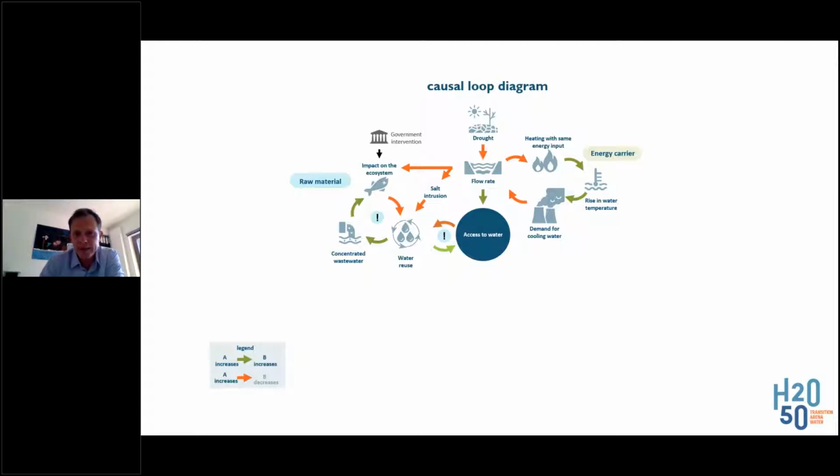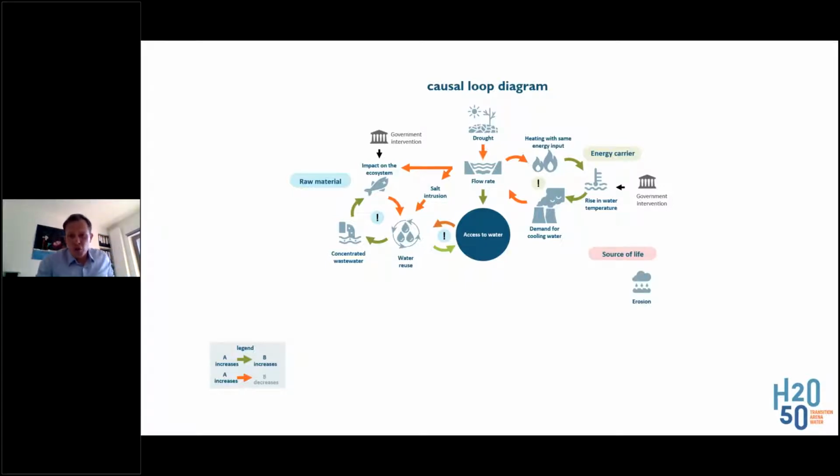But more importantly is the thermal pollution that you get. And then again, the government has to intervene and impose limitations on the amount of water that can be used for cooling. And then you can ask companies what it means when you can't cool your processes anymore. And then it's not so much the price of water that drives them, but the notion that the value of water is very important to keep their processes running.